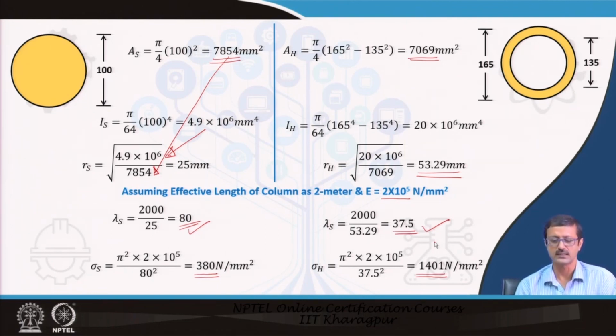So, if I use almost the same amount of material, it is always better to have a hollow column and distribute the mass outward in such a way that my slenderness ratio is lower. Why is it lower? Because I have a higher radius of gyration, and as the slenderness ratio is lower, I can have a higher critical stress value.